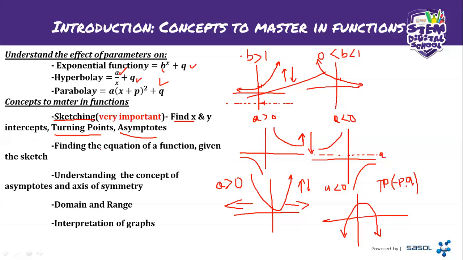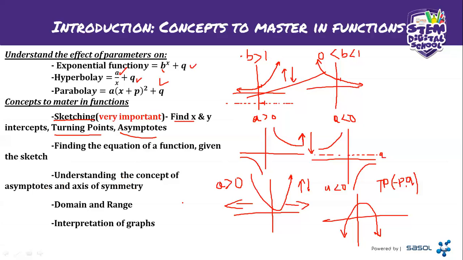But now, at a later stage, we are going to learn how to plot the graph. We are going to be plotting the graph today, and finding the equation of the function if the sketch is given. Now, if you are given the sketch, how do we determine the equation of that function? You'll be learning that as well today, and then understanding the concept of asymptotes and axes of symmetry.